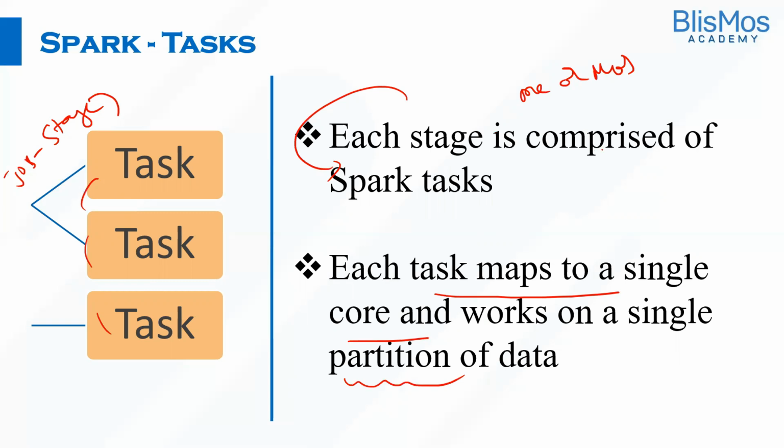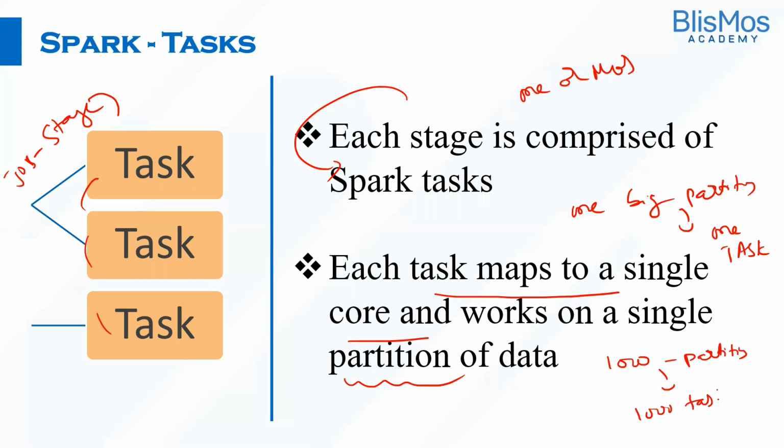Let us say you have one big partition. You will have only one task. Let us say your data is split into multiple small partitions. Let us assume we have 1,000 partitions. So you will have 1,000 tasks.